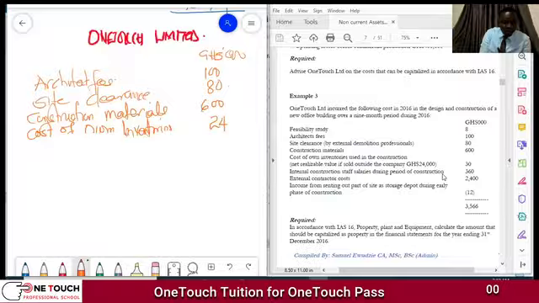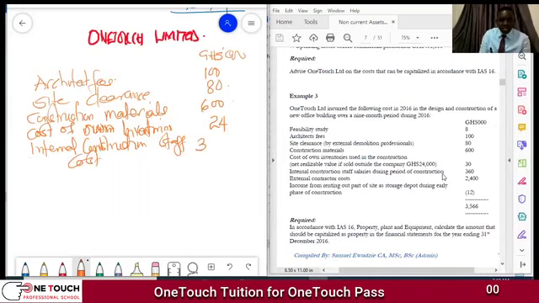So cost of own inventories has been captured. Then internal construction staff cost, that is 360. Then we have external construction costs of 2.4.